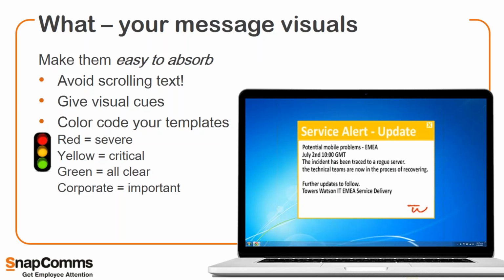I wouldn't say most, but a lot of our customers do color code their templates. They'll use red, yellow, green. Red for severe, that's used rarely. Yellow is critical. And green, especially with an IT outage or a weather or some sort of scenario that is going to be resolved, you can send through a green alert afterwards and let them know everything's back to normal.